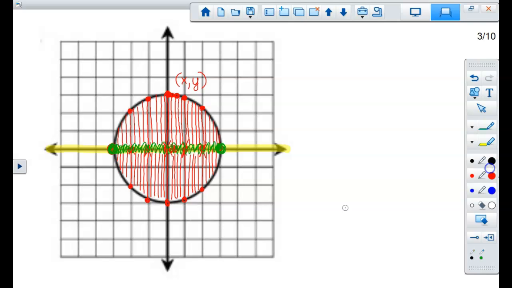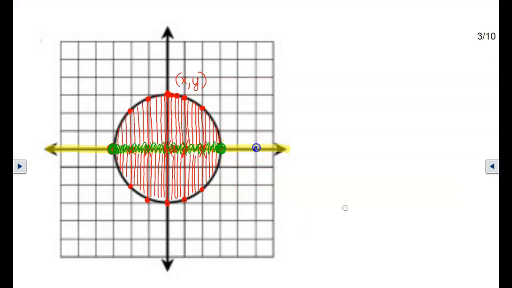Now real quickly, you see that this part of the x-axis over here is not included. That's because, just for example, that x value right there, I can't trace that back to the circle because the circle's not there. If I come over here and look at this x value, again, I can't trace that back to the circle because the circle's not there.